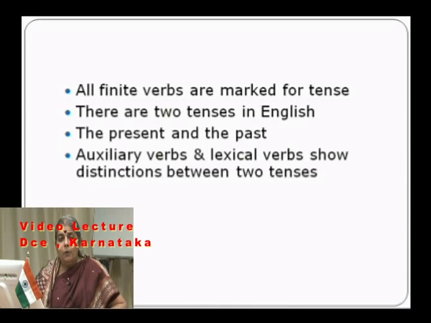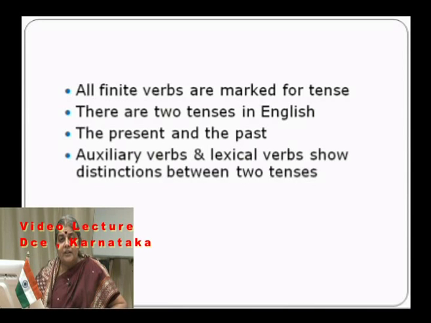Thirdly, how are the distinctions known to us? The distinctions are known in terms of auxiliary verbs and lexical verbs. I have given you in my introduction to verbs the primary auxiliary verbs, the secondary auxiliary verbs, and a list of lexical verbs also.